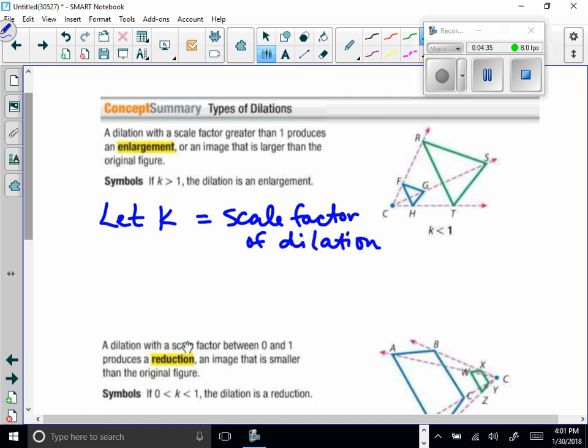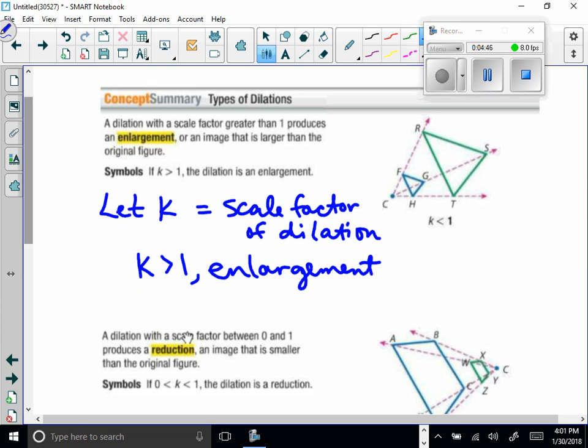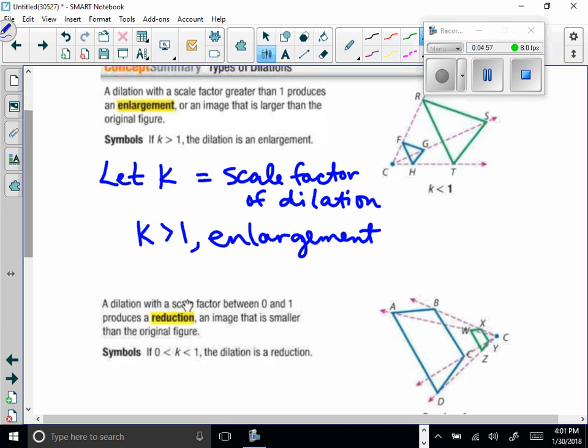If we end up with a scale factor that's greater than 1, then we have an enlargement, so this thing is getting bigger. You can see that if we went from triangle FGH to triangle RST, RST is bigger than FGH, so that's an enlargement.